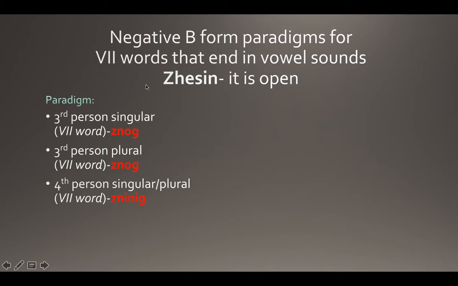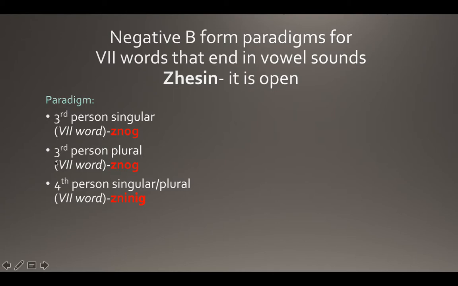So this paradigm is a little bit different in that we replace the S sound in snug from before with a Z, znug. So third person singular, we're gonna have our inanimate noun in its singular form, then our verb, sin, and then we're gonna tack on the negative B form suffix, znug.